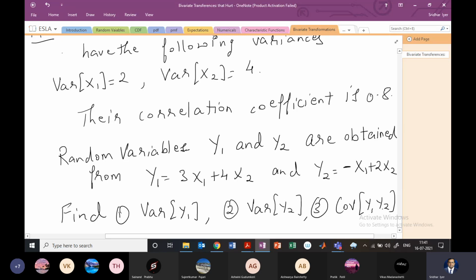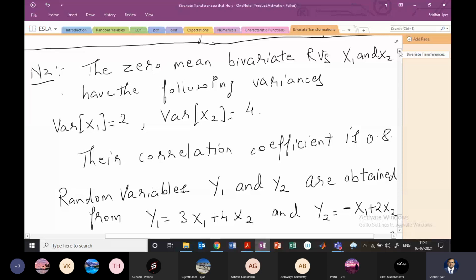So I'll just scroll up so it's visible. We are given zero mean bivariate random variables. That's very important. It's not given mathematically, it's given in words, but these are zero mean bivariate RVs. So that is very important for us because the mean values are 0.